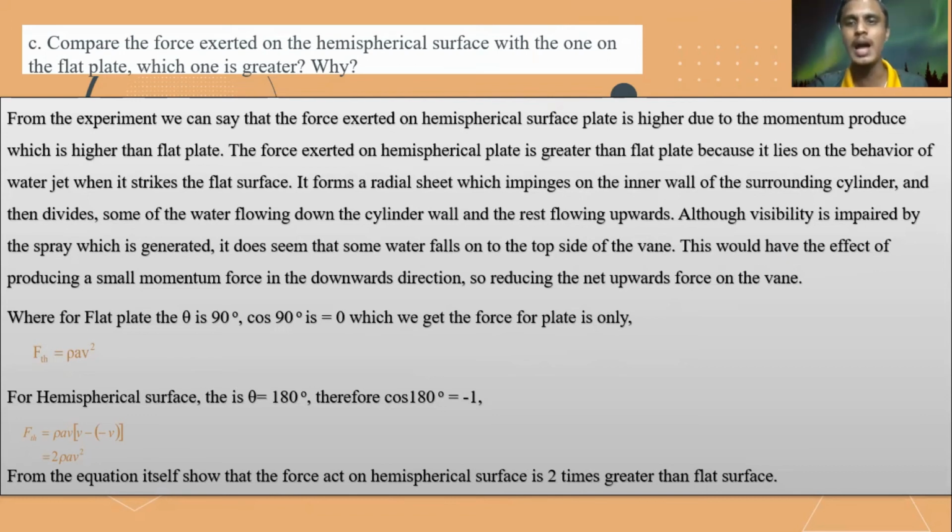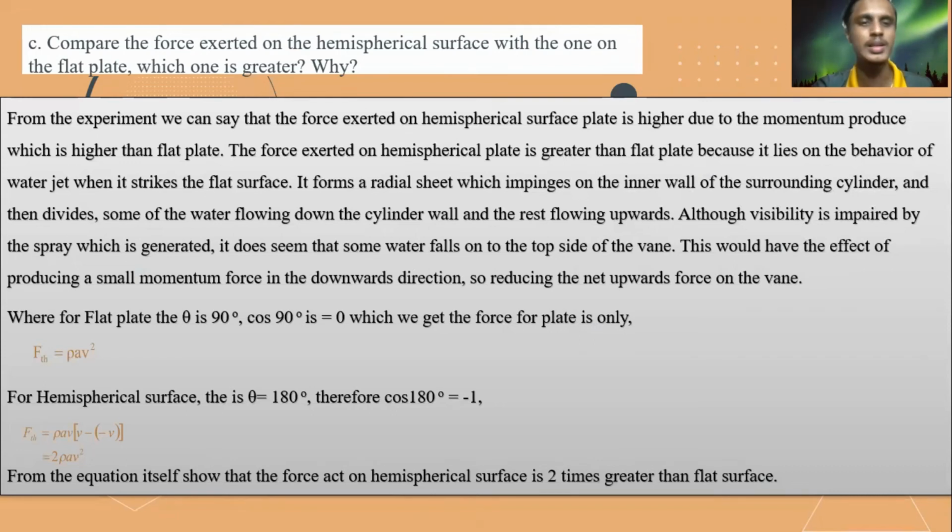This would have the effect of producing a small moment force in the downward direction, reducing the net upward force on the vane. For the flat plate, theta is 90 degrees and cos theta is 0, so the force is only F theoretical equal to rho A V squared.